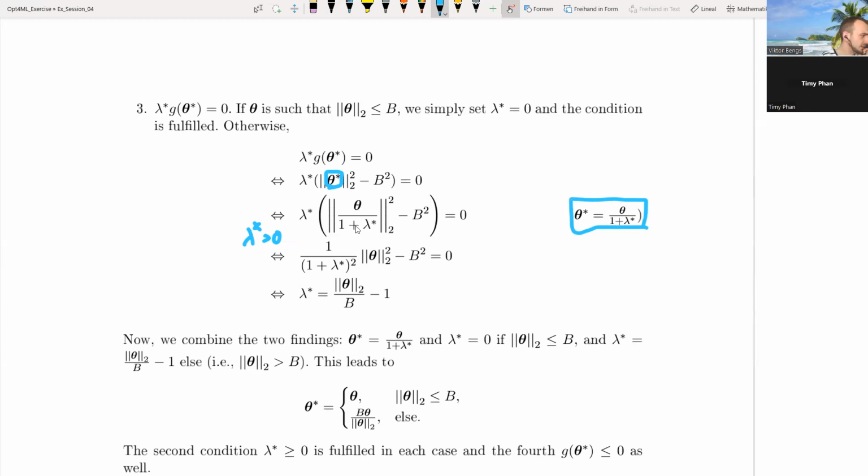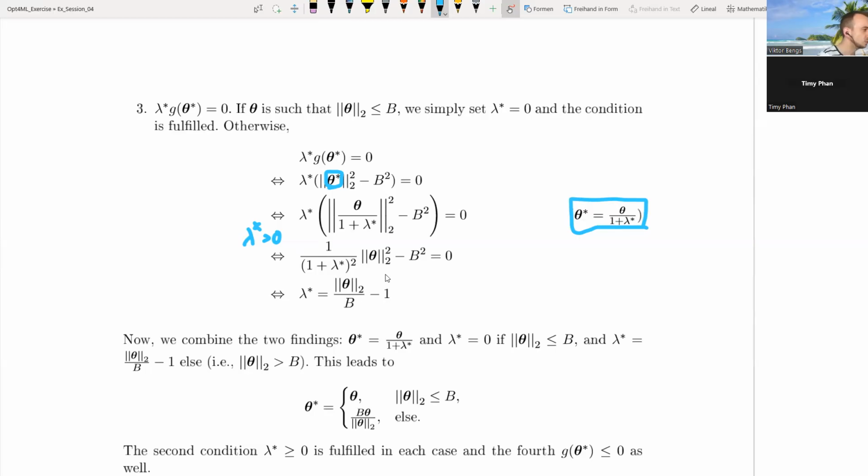This is a scalar which we can pull out, and don't forget the squaring. And well, with a couple of manipulations, we will see lambda star is given by this form. Yeah, so it's the Euclidean norm of the theta divided by b minus 1.